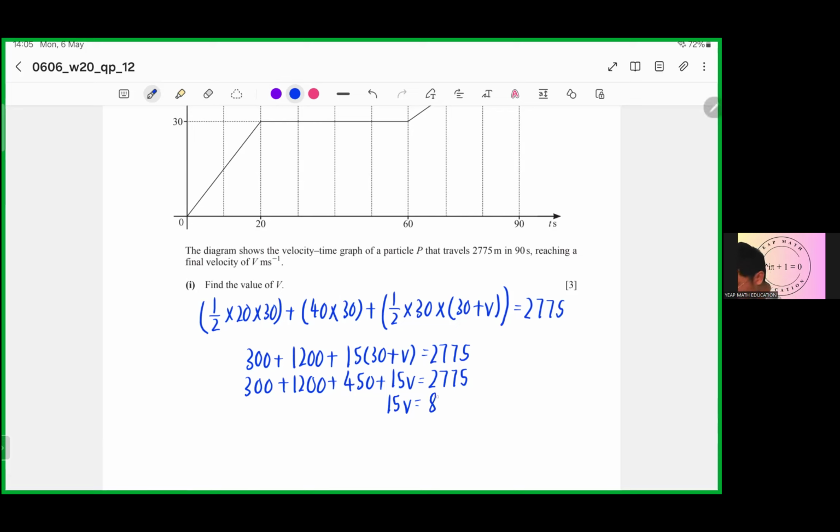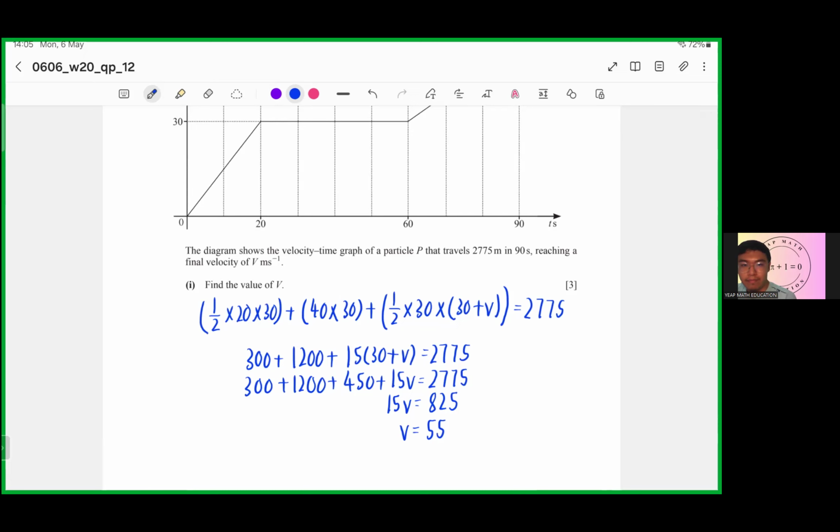That gives 825. So I take 825 divided by 15, and I will get the velocity v equals 55 meters per second.